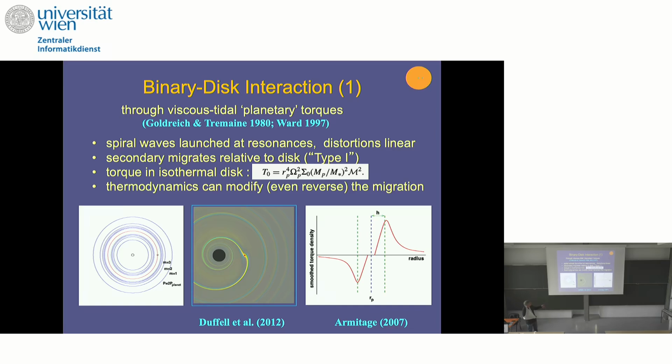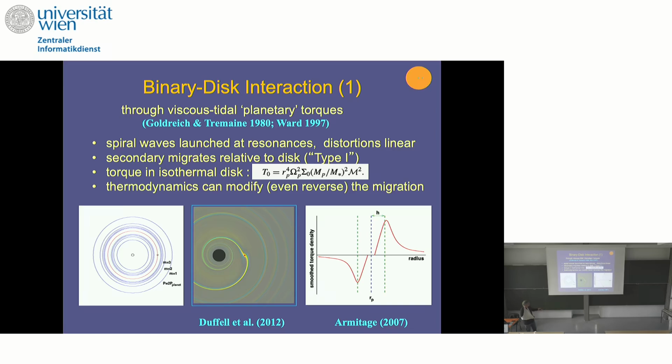And it's linear, so you can actually derive a scaling. For example, the torque goes like the perturber mass squared, because the torque is linear in mass, and the perturbations are also linear in mass. So the net result is that the migration rate goes like mass.